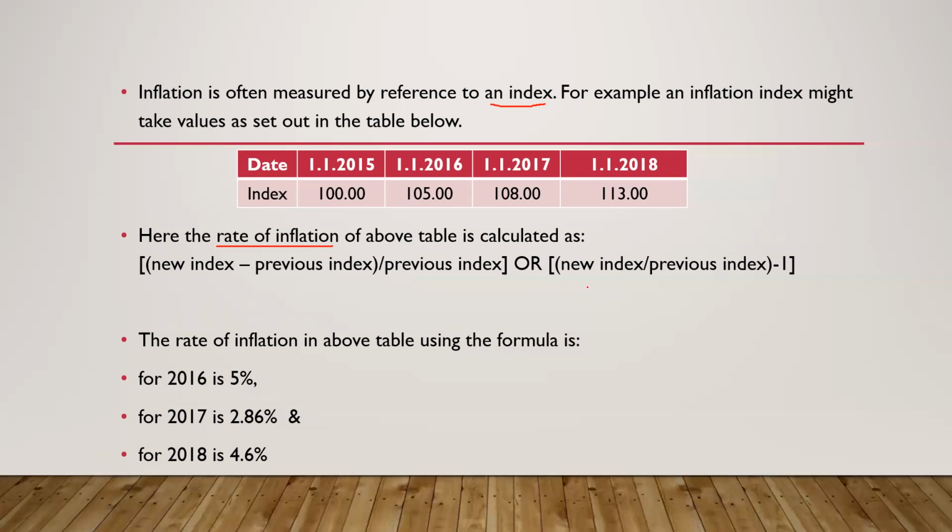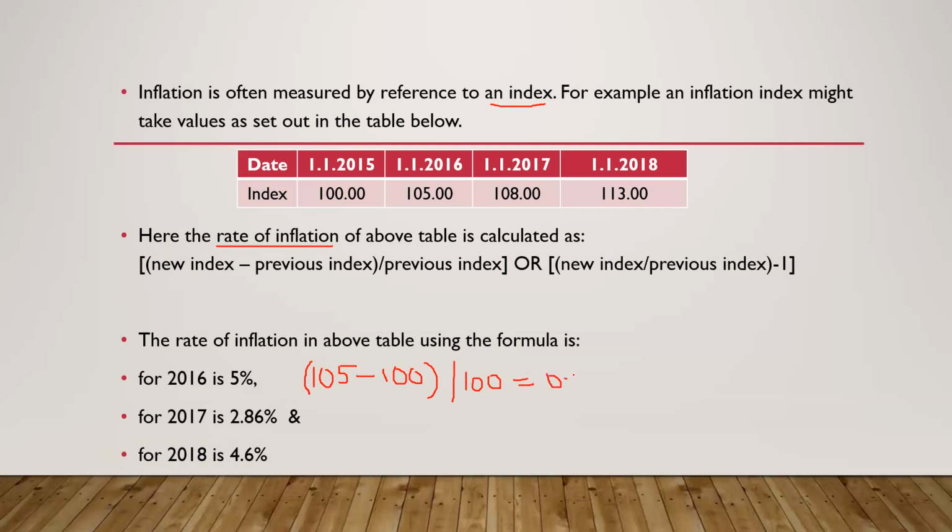There is another alternative formula to calculate the rate of inflation, which is nothing but new index upon the previous index, in brackets, minus 1. So here the rate of inflation in the above table using the formula will be, for 2016, 105 minus 100 divided by 100, which will be 0.05 or 5%.